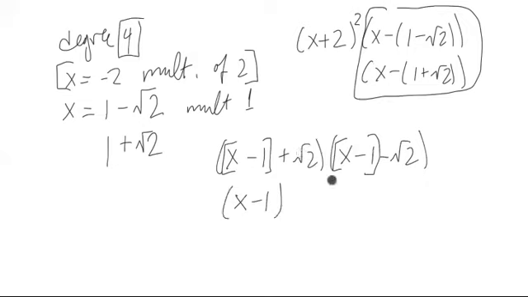See how this part and that part will cancel each other, the inside and the outside. So we only have the first times first minus last times last. Or I guess this plus square root of 2 times negative square root of 2 would be minus. So we have an x minus 1 quantity squared minus a square root of 2 squared, which is just 2.